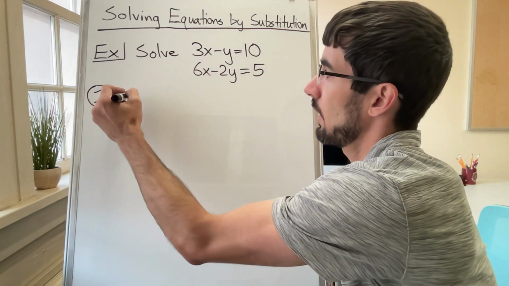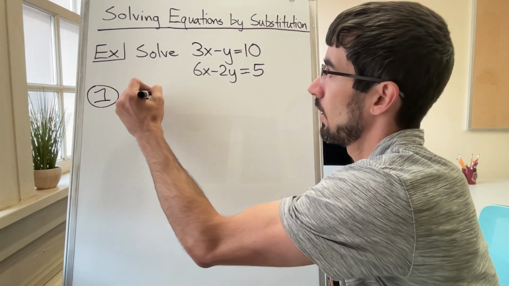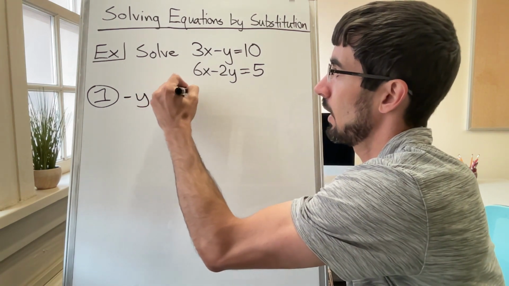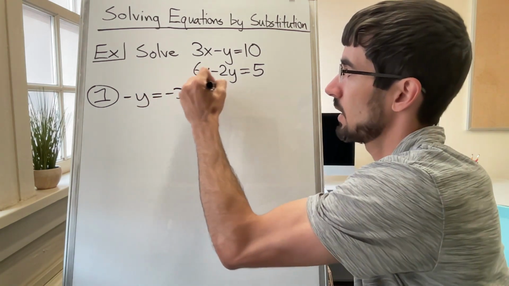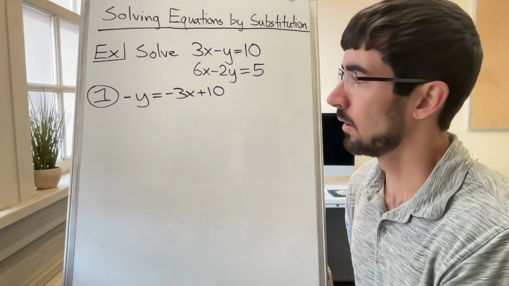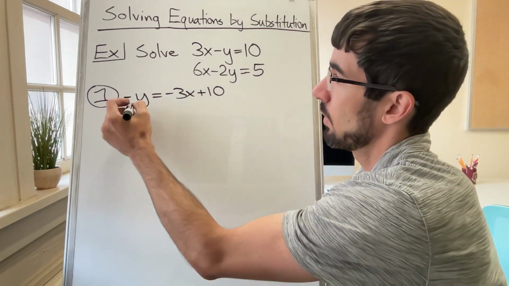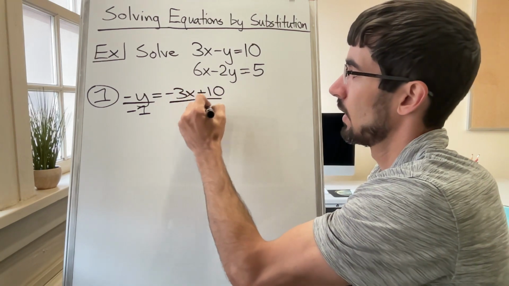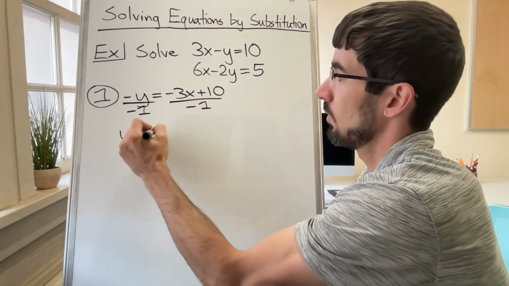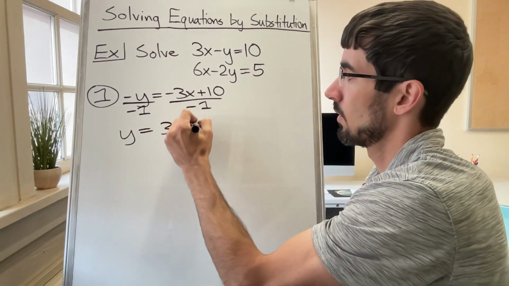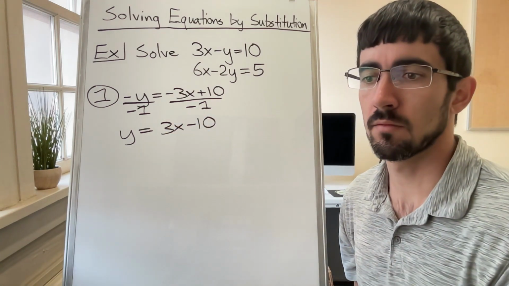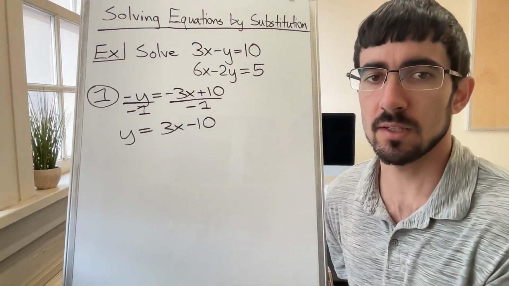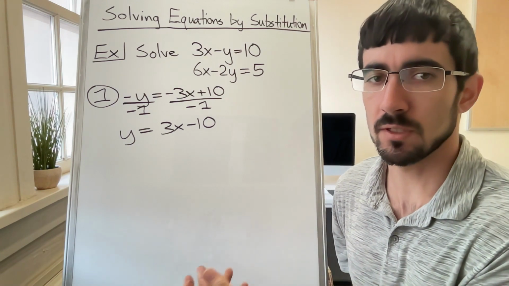I'll subtract 3x from both sides, and I get negative y equals negative 3x plus 10. I'll divide everything by negative 1 to undo that negative sign, and I get y equals positive 3x minus 10. Okay, so y equals 3x minus 10.